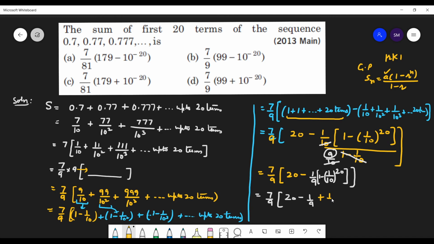And a square plus c square minus 2ac equals 0. Again you have got a perfect square. This time (a minus c) whole square equals 0. And this gives you a equals c. So students, you have a equal to c.